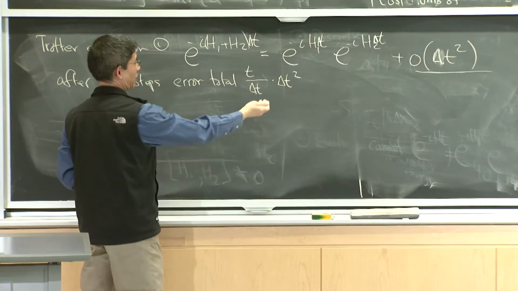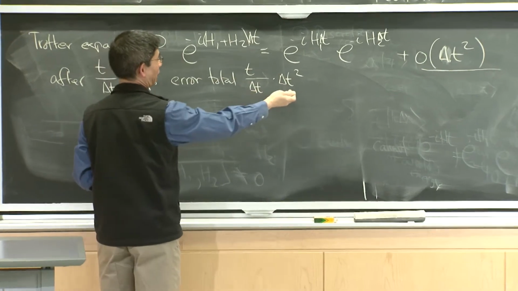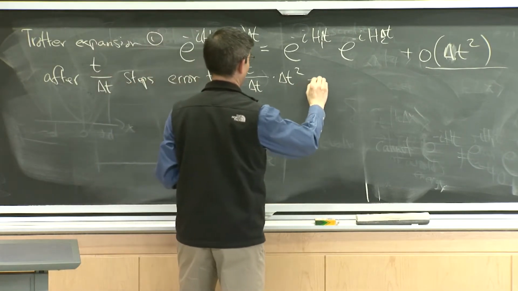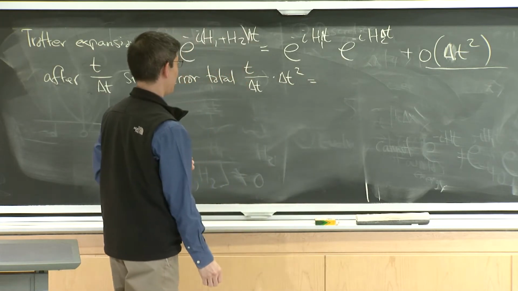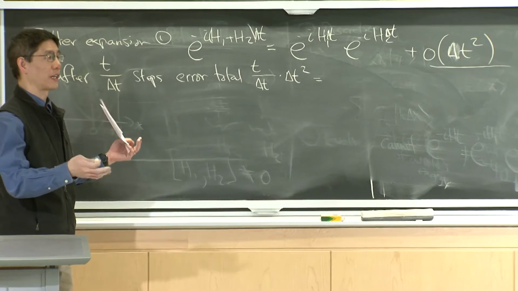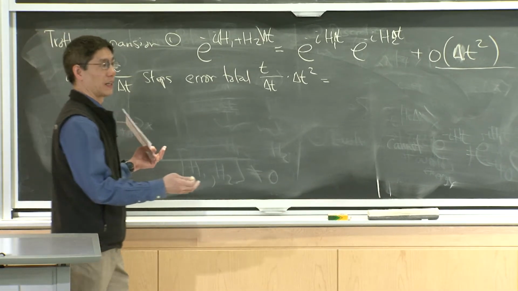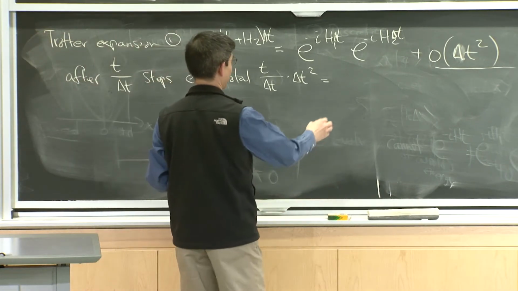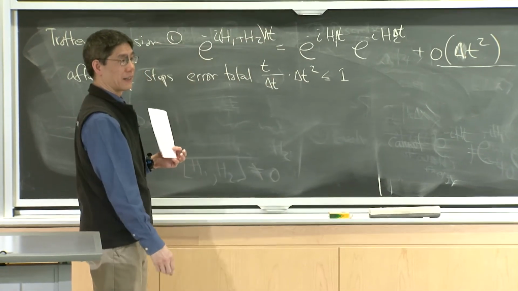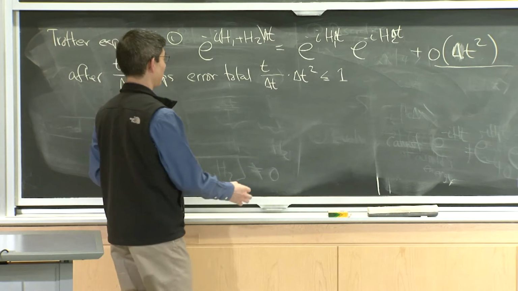Okay, so let's multiply the number of steps by the amount of error per step over here. And we want this to be no more than a constant, because if the error is growing too rapidly, then it's unbounded. So we want this, for example, to be 1. Let's say it were equal to 1.